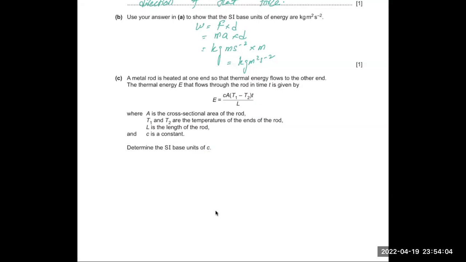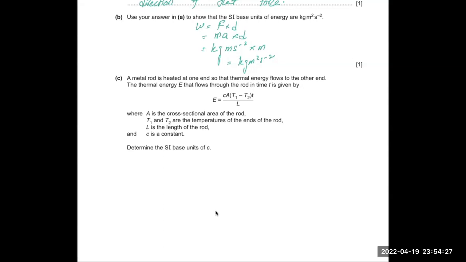Now this is simple. We need to determine the SI base units of C. We've got the SI base units of everything else. You may either make C this, but I'd prefer making C the subject of the equation first, and then substituting the units. That reduces the chances of error.